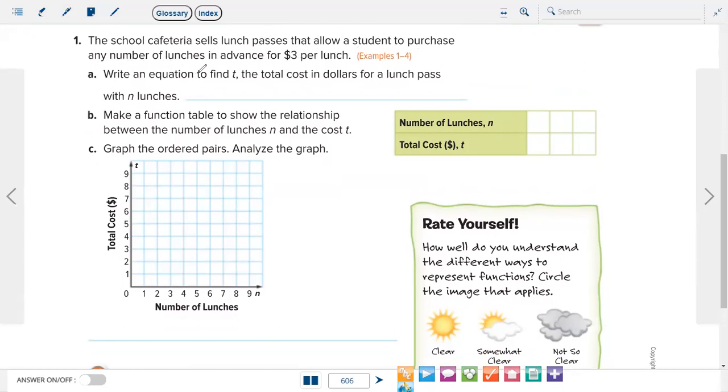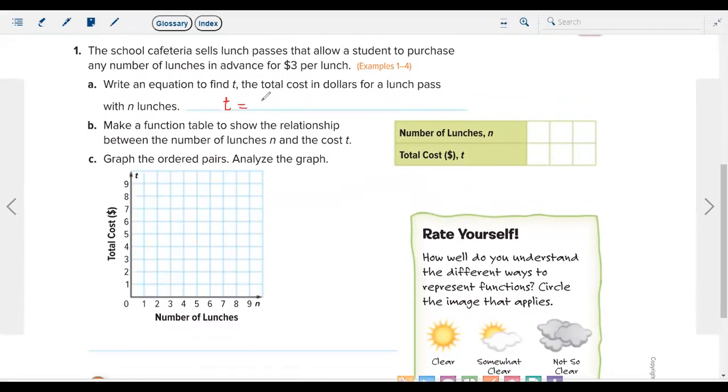Write an equation to find T, the total cost in dollars for a lunch pass with n lunches. So T equals 3n, since it is $3 per lunch and n is the number of lunches, so 3 times n.